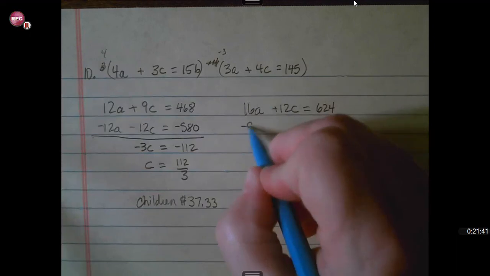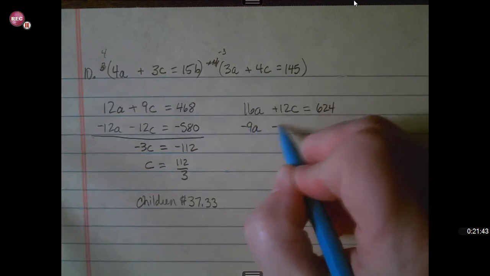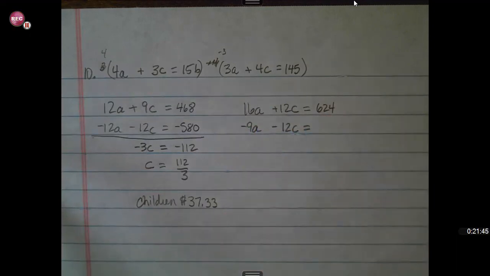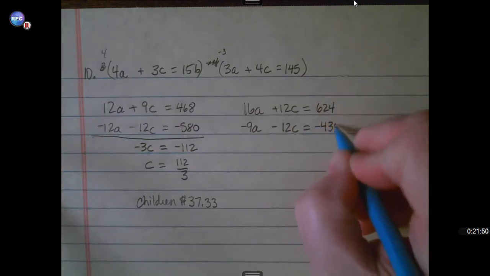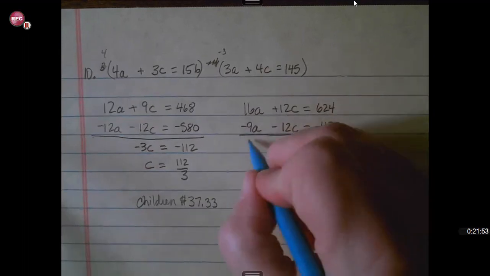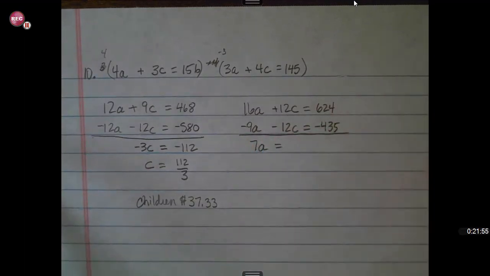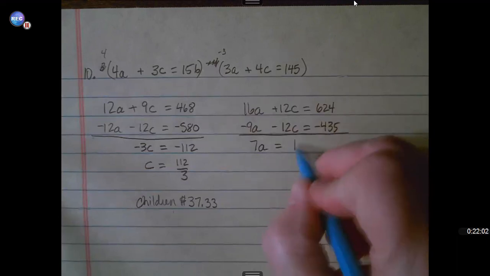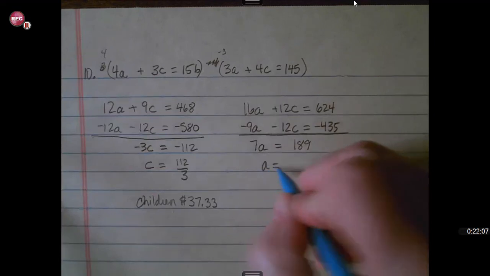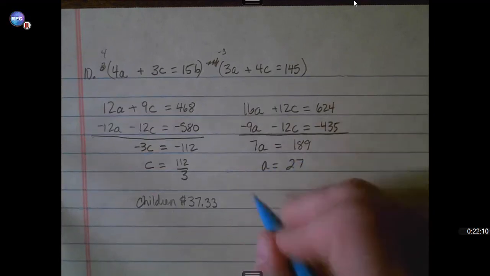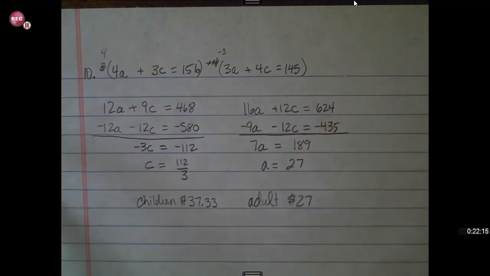And -9a minus 12c equals -435. So 7a equals 189. And I get that a is 27. So the adult tickets are $27.